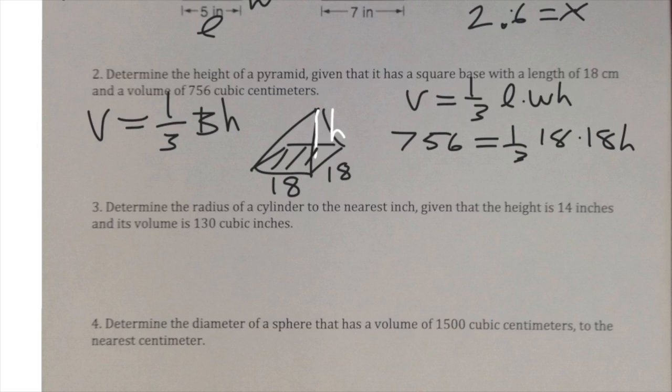So if we did 18 times 18 divided by 3, we have 108. So 756 equals 108 times h. Divide by 108. It comes out to be exactly 7 centimeters tall.